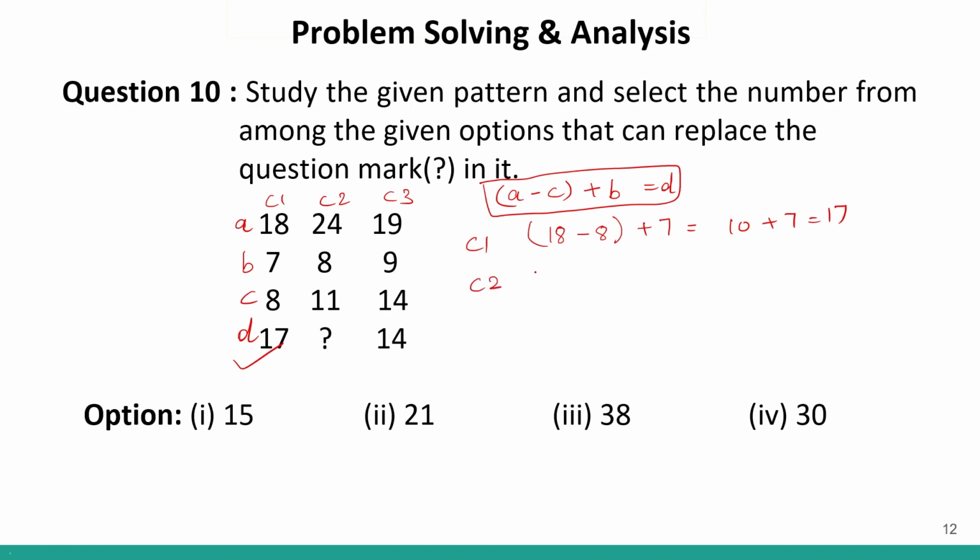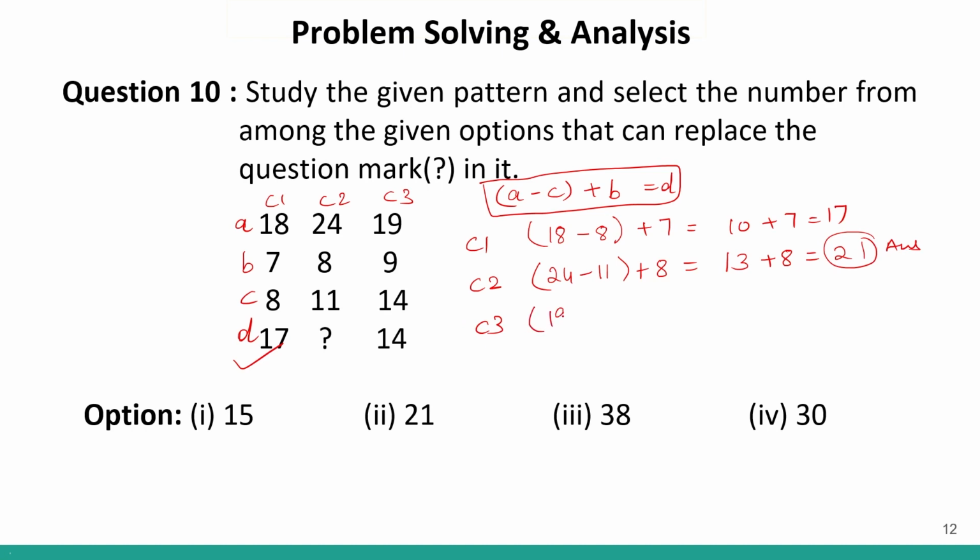For column 2, 24 minus 11 plus 8 will give me how much? This will be 13, and 13 plus 8 is 21. Correct? So the answer will be 21, but let us confirm it by column number 3.